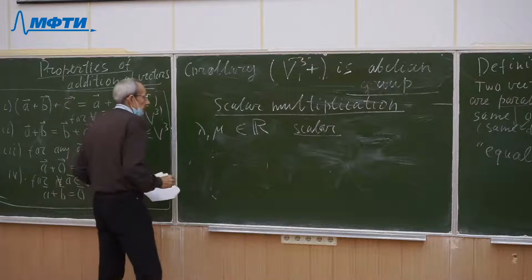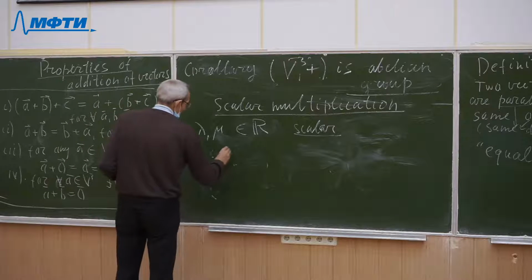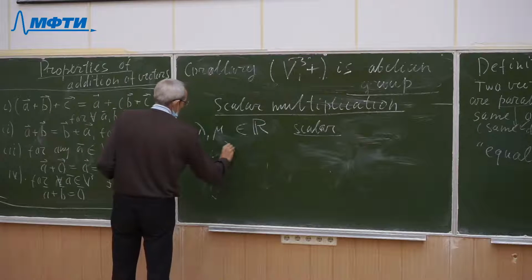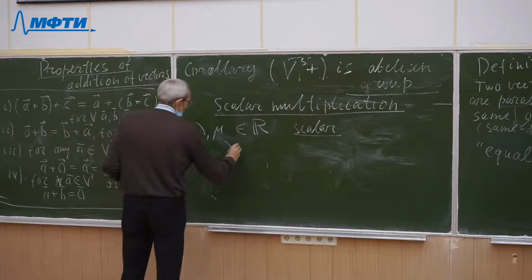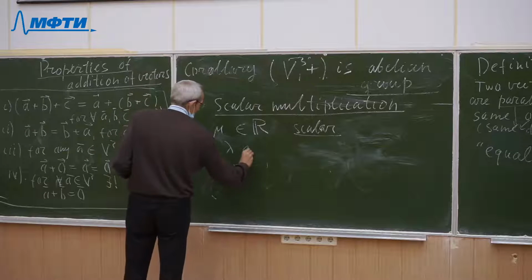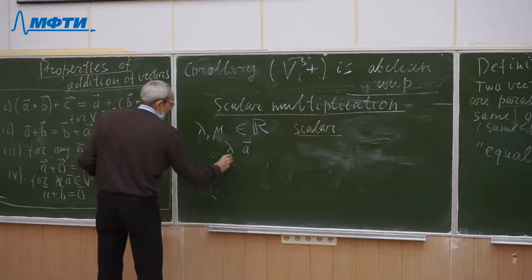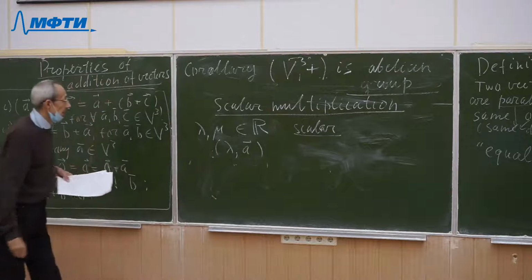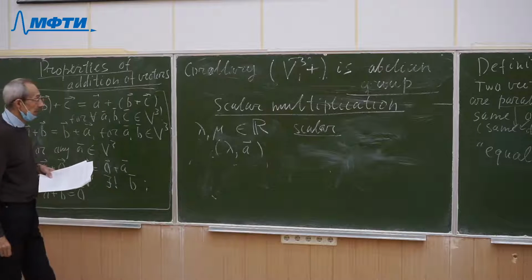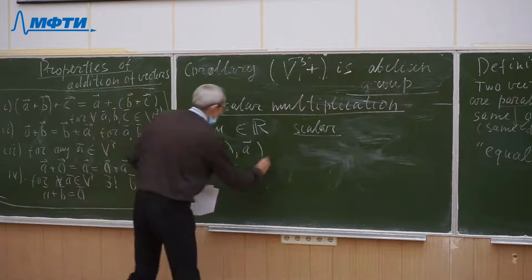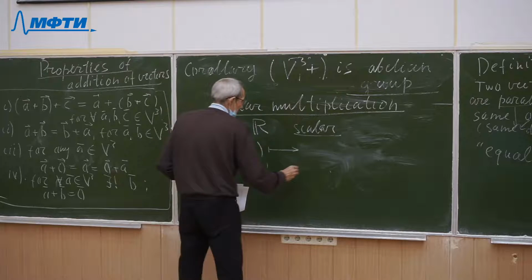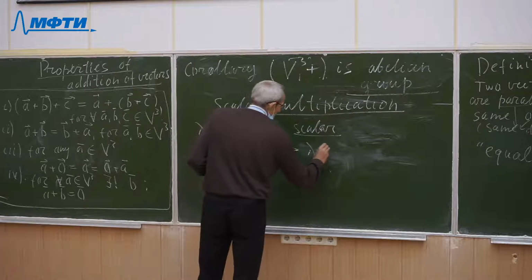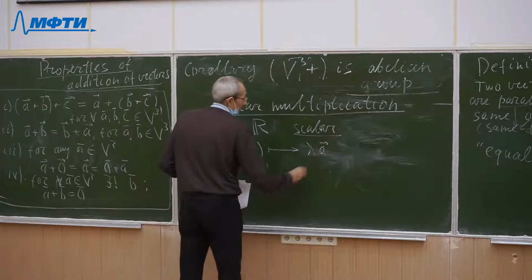We introduce the other operation, multiplication by scalar, which corresponds to a pair, real number lambda and vector A, the vector which is called lambda multiplied by A.